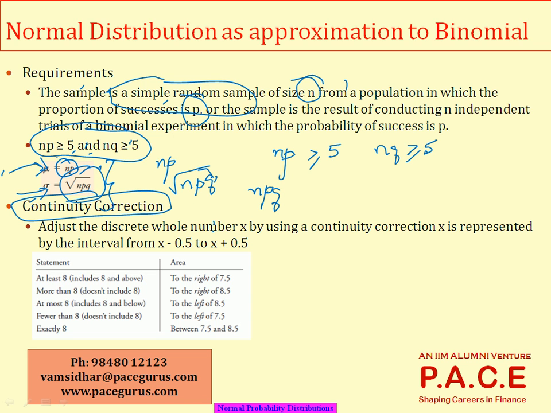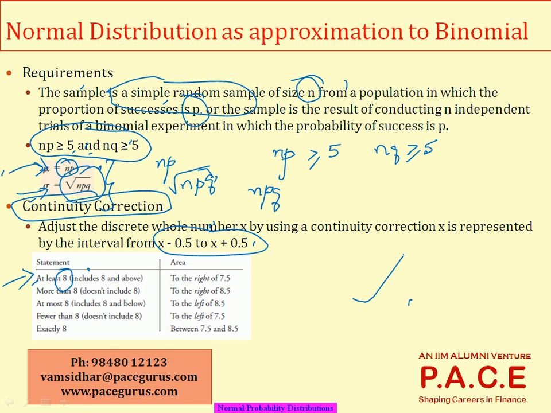Just because we are approximating a normal distribution from a binomial distribution, we generally do either plus or minus 0.5 to the existing value to convert it from a binomial distribution to a normal distribution. Suppose I have a statement, what is the probability that some value is at least 8?